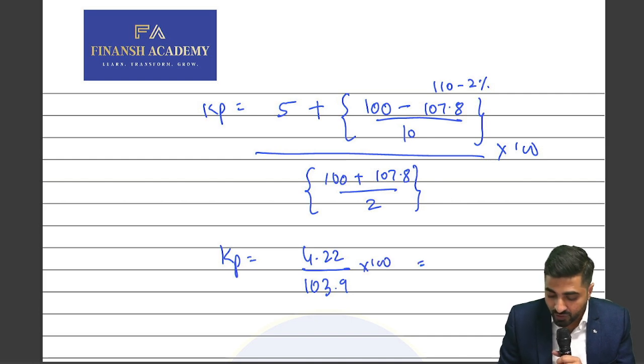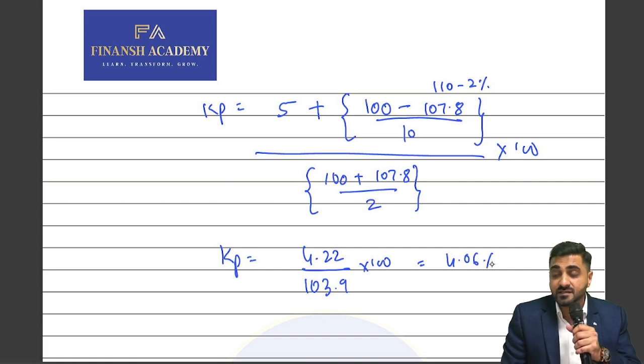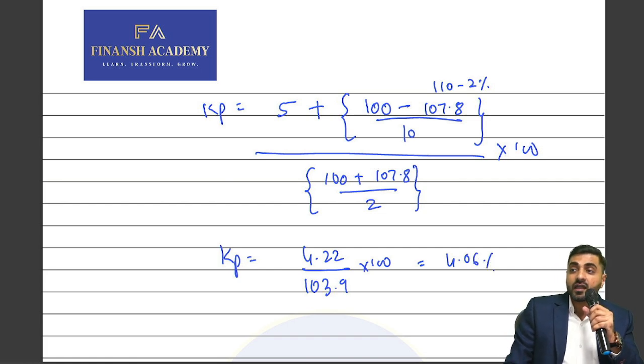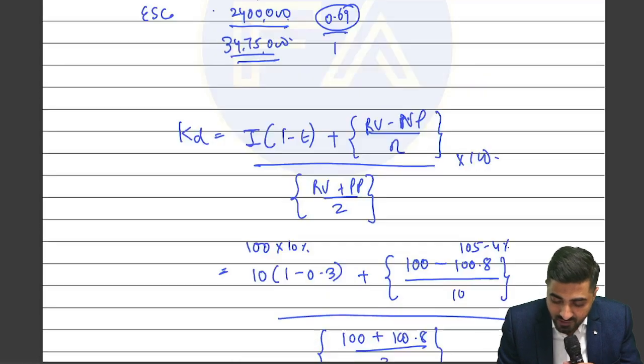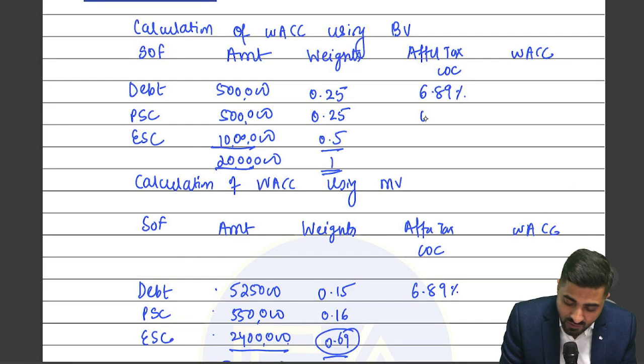So 4.2 divided by this into 100 will now give you 4.06. Have you all got 4.06%? It's very simple. Redemption is at par, and net proceeds is my same concept: market price minus flotation. That will be 4.06%, guys.